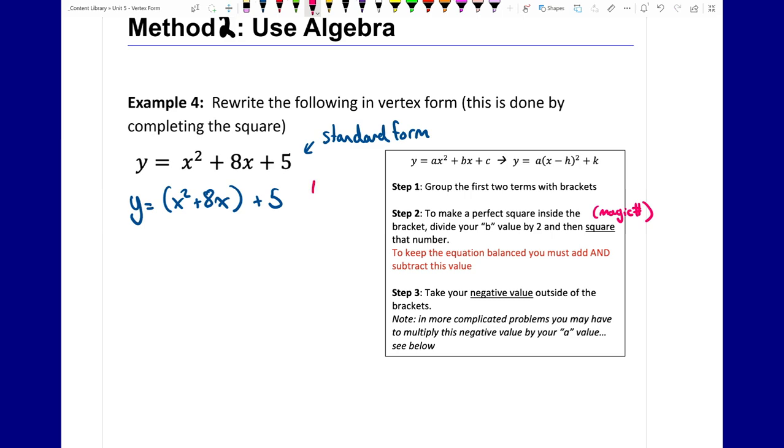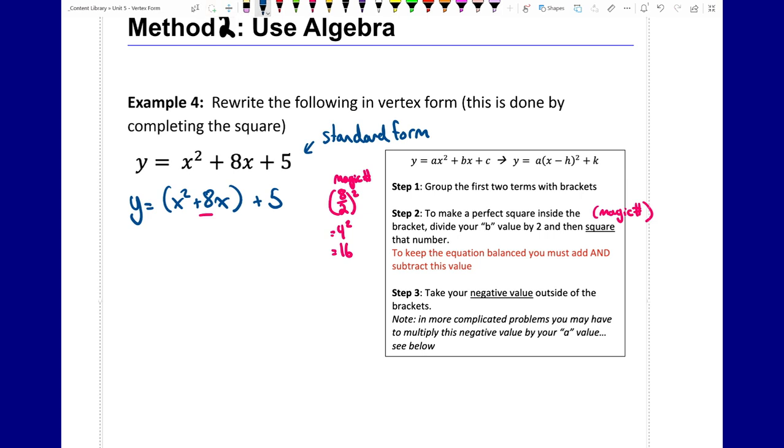And how we're going to do that is we are going to take this b value, or 8, divide it by 2, and then square it. Or, in other words, 4 squared, which is 16. So our magic number that will make that bracket a perfect square is 16.